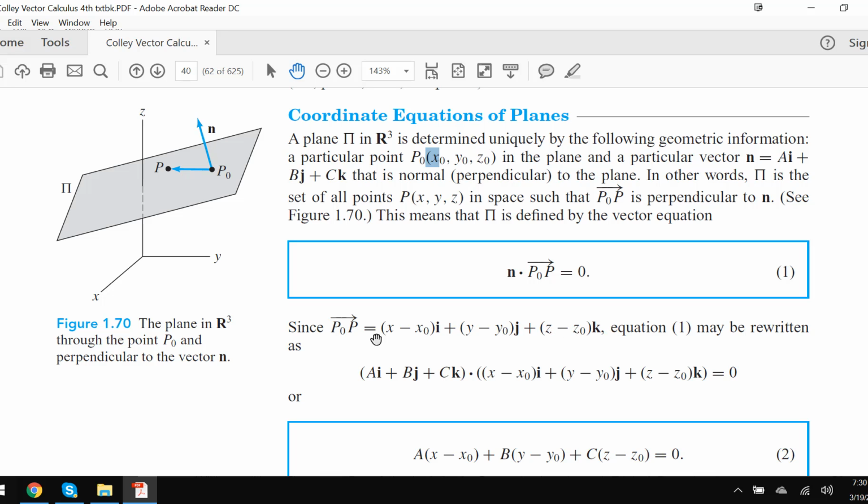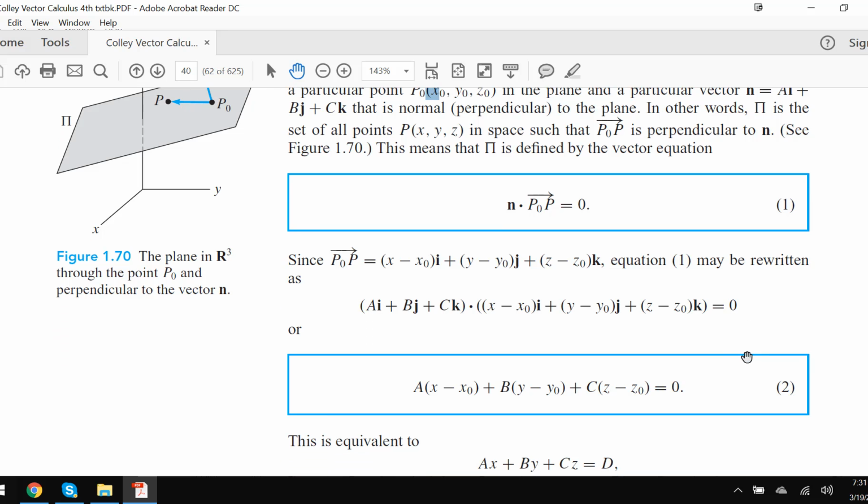That's the vector from P0 to P. So if you want to write this, it's n times that, and we define some vector n, so this is n dot that equals 0, which then can be written like what? The dot product is what? It's a times this plus b times this, and so on, which is what they have here. So this equals 0.